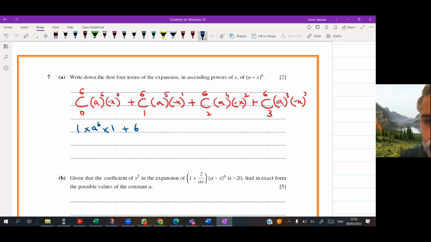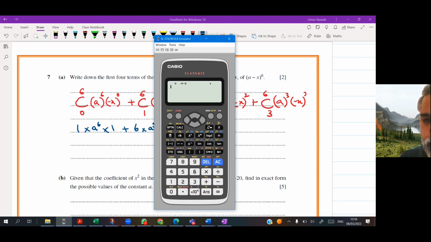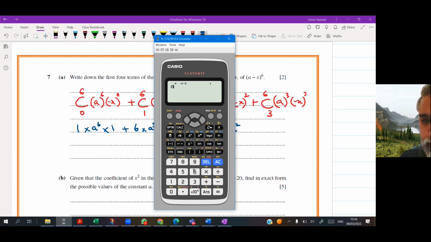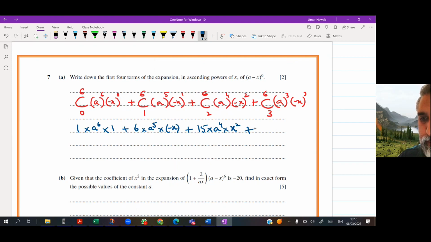I'm getting 6 a to the power 5 times minus x, 6c2 is 15 a to the power 4 x squared, 6c3 is 20 a to the power 3 times minus x cubed.